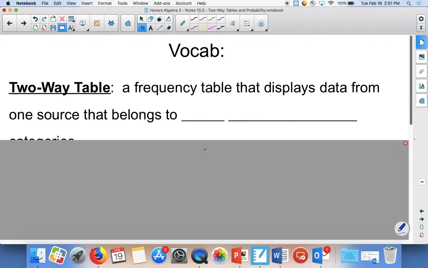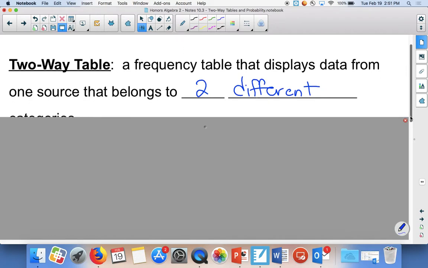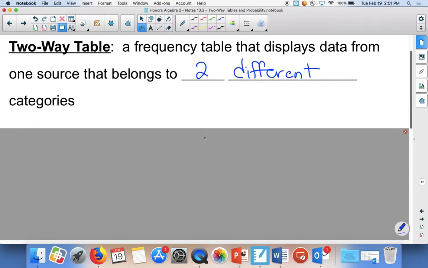All right, so let's go through some vocab here. A 2A table, you've already seen one. A 2A table is a frequency table that displays data from one source, but it belongs to two different categories. And you saw that from before. You have two different titles there on each of those tables that we looked at.